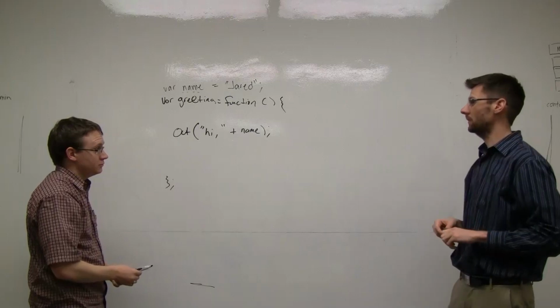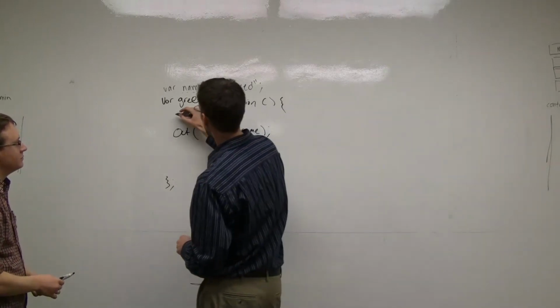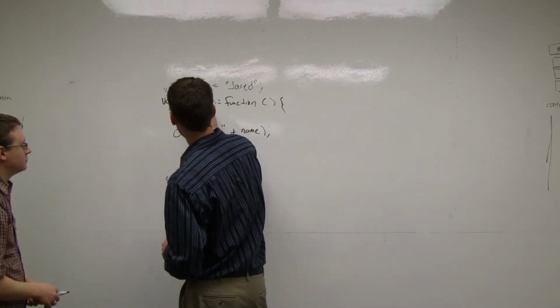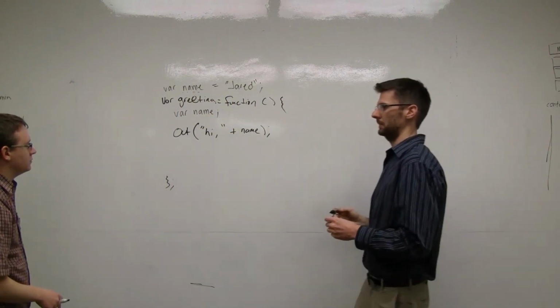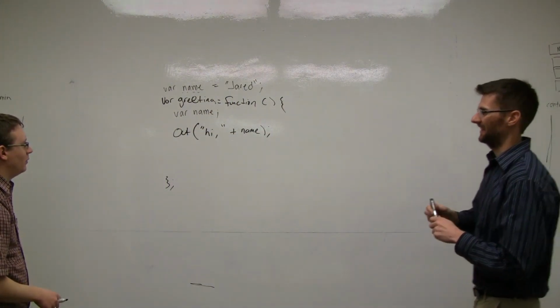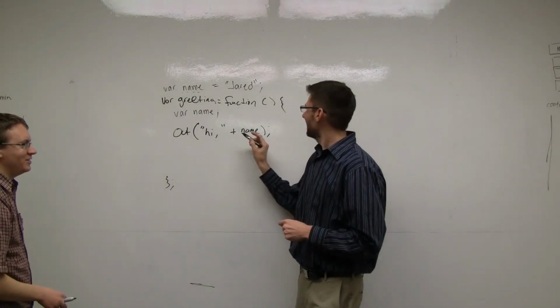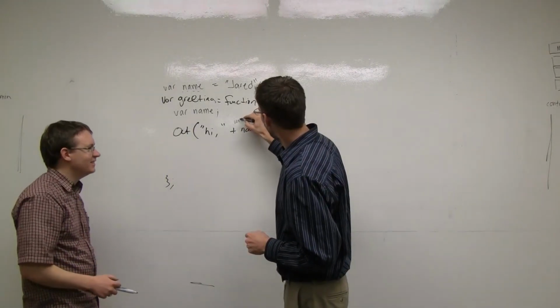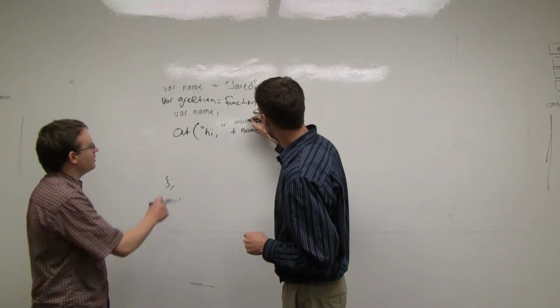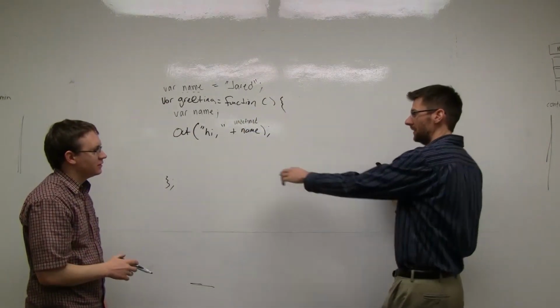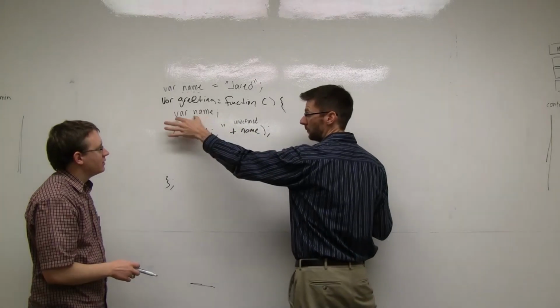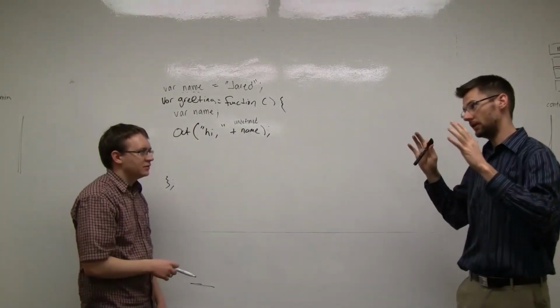So here I have a question. This is where it gets a little tricky. If someone were to come in here and say var name and not assign it to anything, what happens? That's an excellent question. This name will be undefined. It checks and says, yeah, there was a local variable declared.